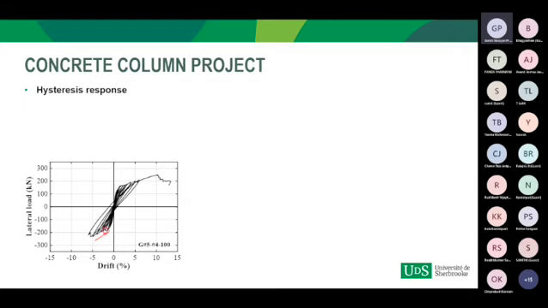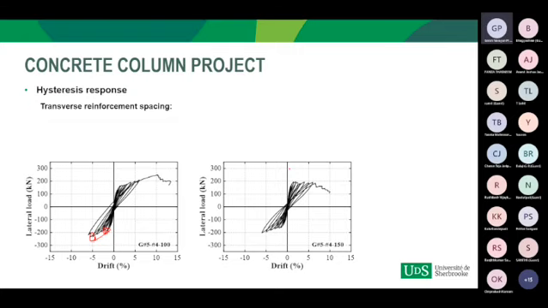Here I have a first peak in this column, but the lateral load increased and we reached a second peak, and this phenomenon was different from the column with higher spacing of the transverse reinforcement. In that case, the curve is completely straight, like perfectly plastic, but we can't say there is plasticity in the GFRP reinforced concrete column.